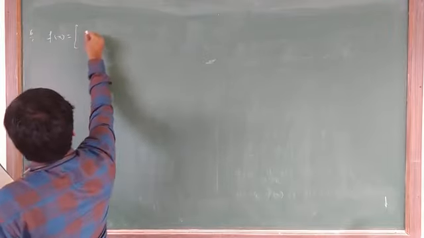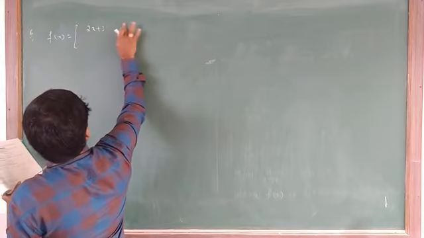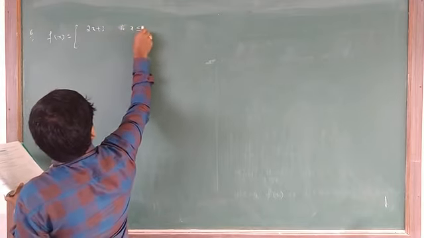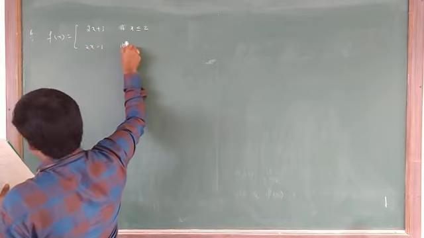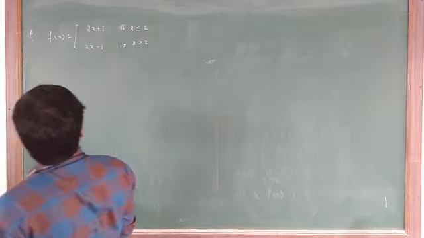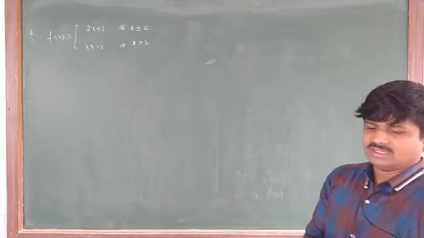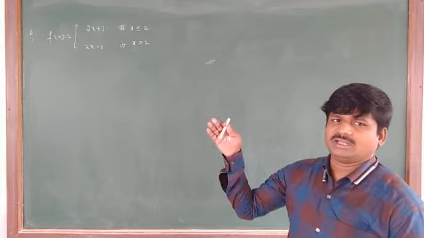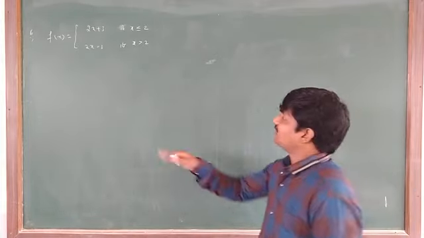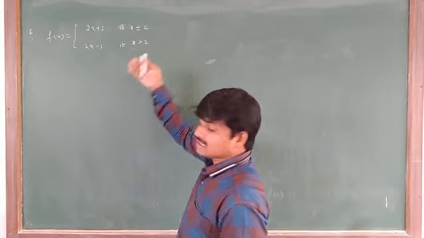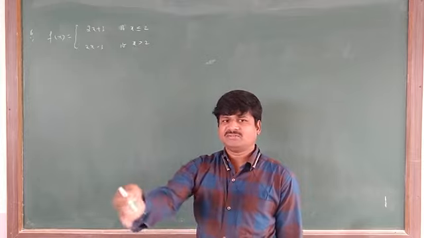Splitting functions are given here. 2x plus 3 if x is less than or equal to 2, and 2x minus 3 if x is greater than 2. Observe carefully. Is he asking to check the continuity at some particular value? No, he has not given a value. That means check like the previous question. In the previous question what was given? Check the continuity of the function.